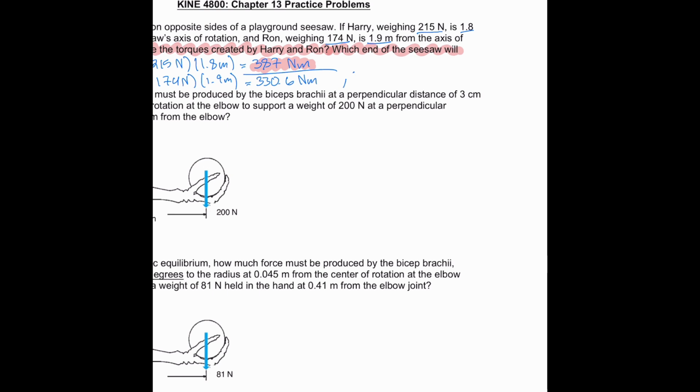Since Harry's T is greater than Ron's T, Harry's side will drop and the other side will rise.